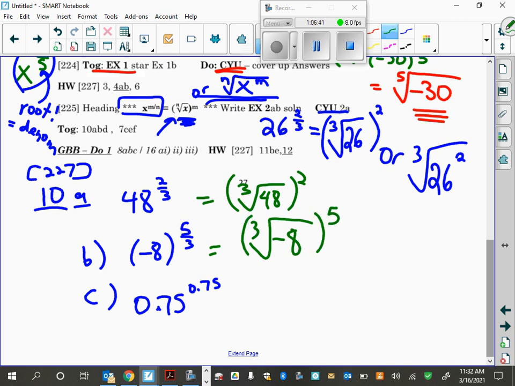And this one, what's another way of writing decimal 7.5 as an exponent? What fraction is decimal 7.5? 3/4. If you don't know it, press decimal 7.5 in your calculator, then enter. And so that's the 4th root of 0.75 all cubed.